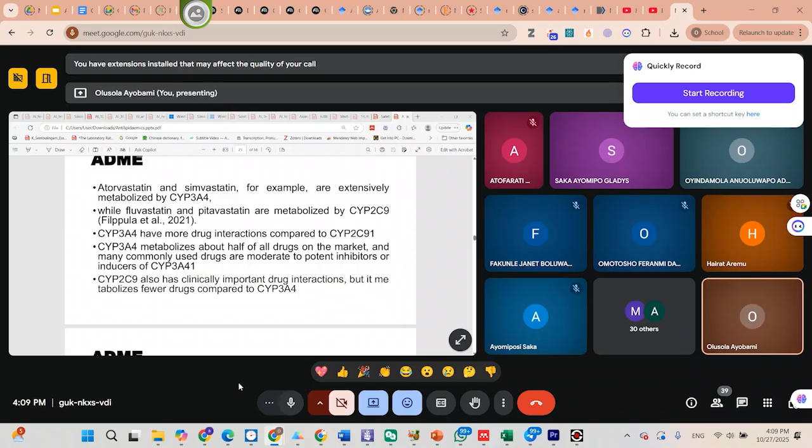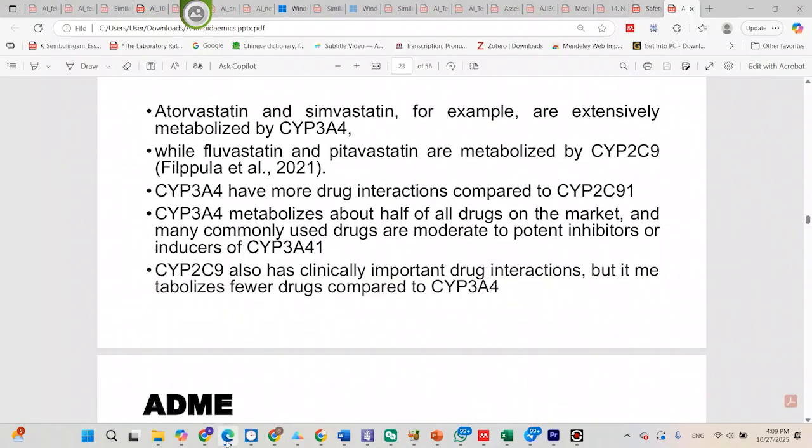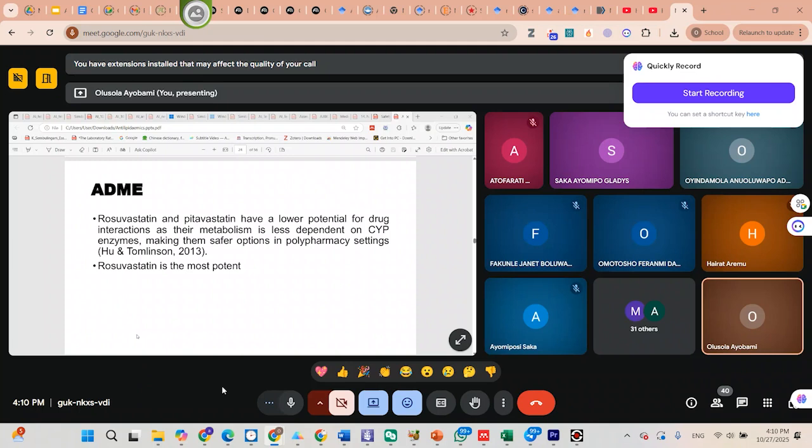These are just a few justifications for why rosuvastatin may be superior to all other statins. Another justification is that rosuvastatin is the most potent. Then, of course, because it's not a substrate for CYP, it has a lower potential for drug interactions. And this is safer for polypharmacy.